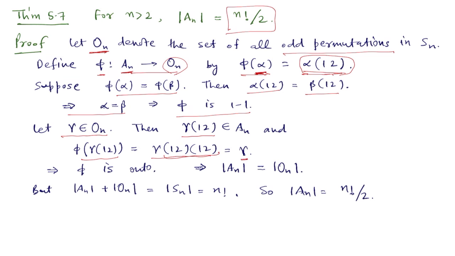So gamma has pre-image gamma times (1 2) under phi, so that shows that phi is onto also, and so the number of even permutations and the number of odd permutations is the same. But if we add these two, we get the order of Sn, which is n factorial, and so the order of An is exactly half the order of Sn.